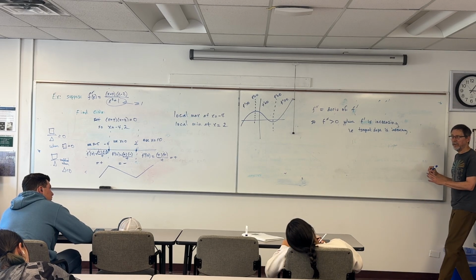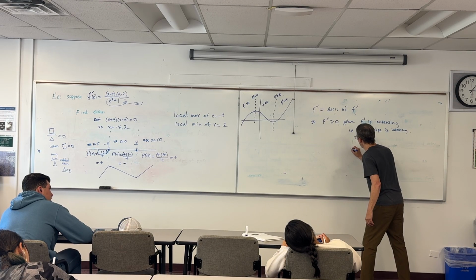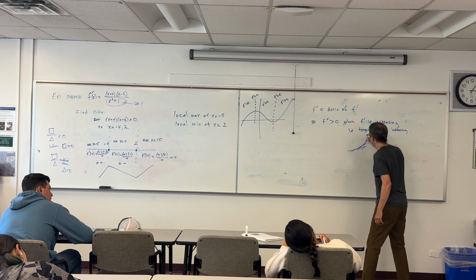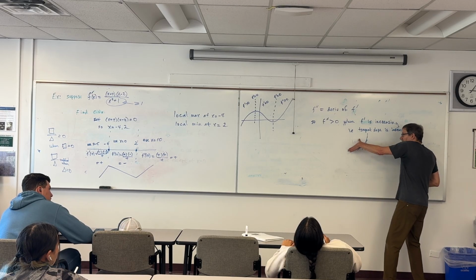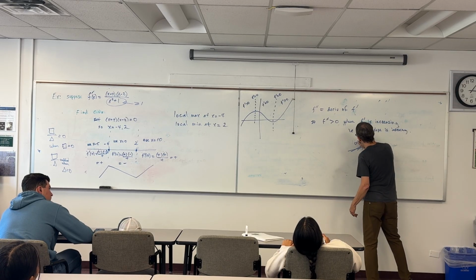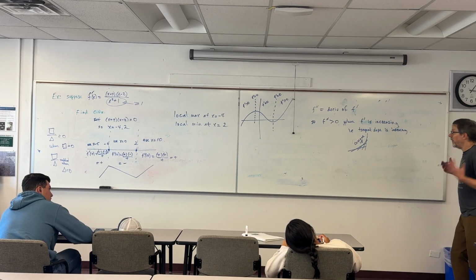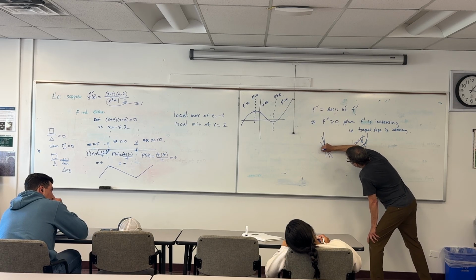Is that all making sense? So when the tangent slope is increasing, what does that look like? Well, here's a slope, then I move to the right, it goes up. Tangent slope is increasing as I move this way. That is a concave up shape. So notice that this is concave up inside here as that tangent slope increases. And over here too, it's like super negative becoming less negative, less negative, less negative.